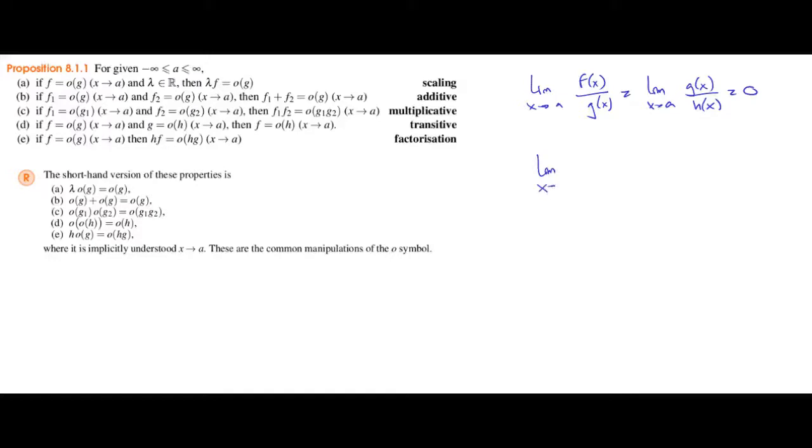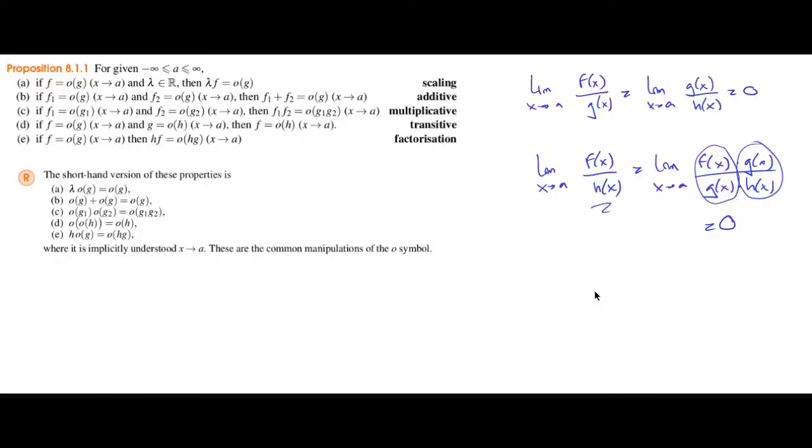So we need to prove that the limit when x goes to a of f divided by h is 0, but then if we multiply and divide this by g, right? Multiply and divide by g, again we have this limit is going to be 0, and this limit is going to be 0, so all of this is going to be 0, right? So f is small o of h.